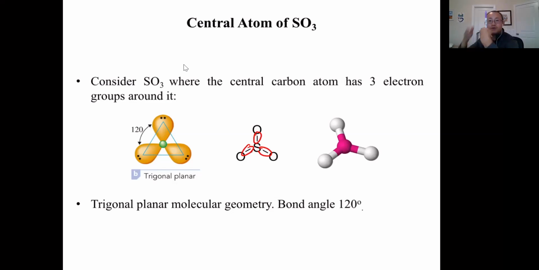Why? Because the central sulfur and the oxygens are in the same plane. If you wait for me, I'll grab some models to show you better. Let me pause the recording.